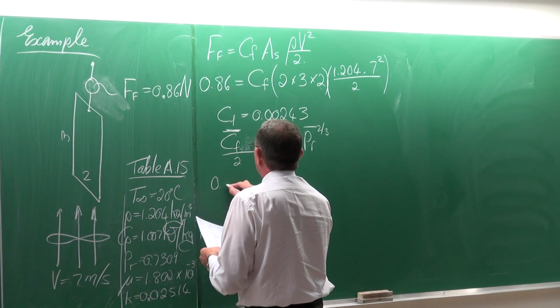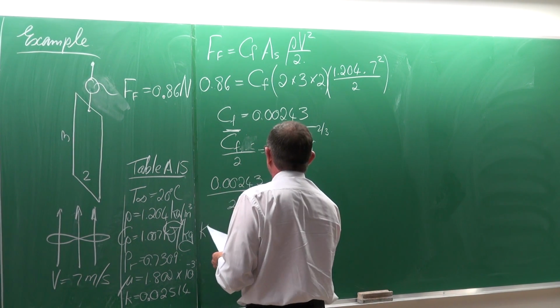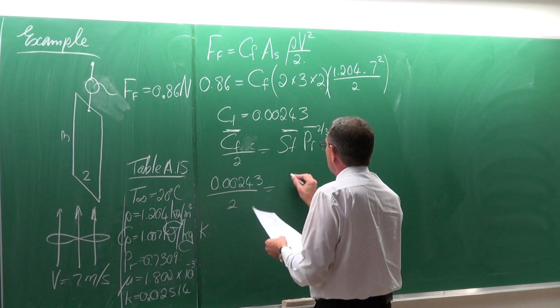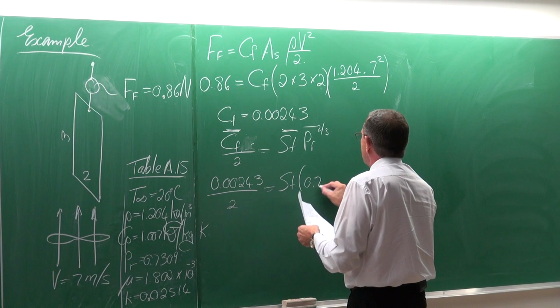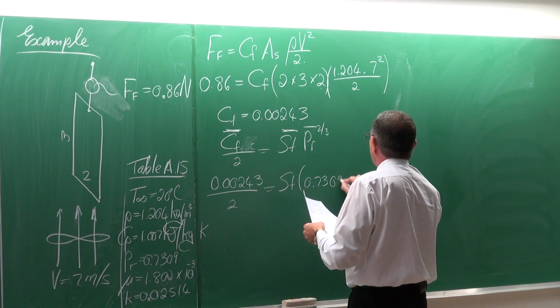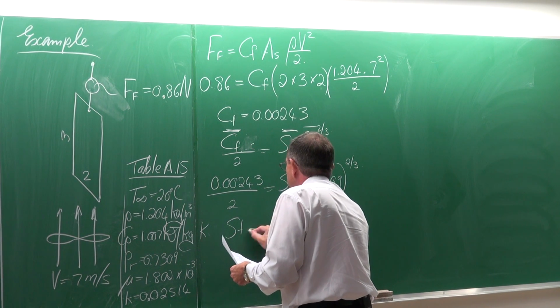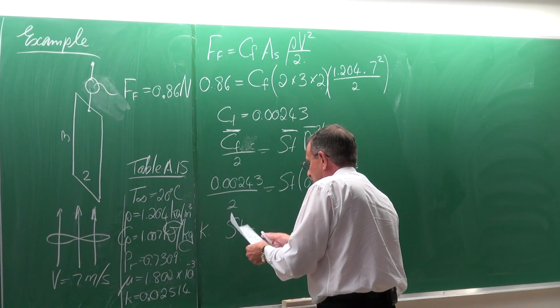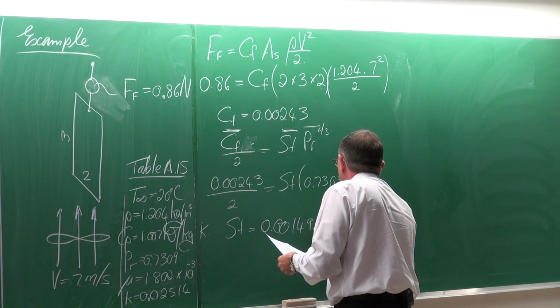So Cf is 0.00243, divided by 2, is equal to the Stanton number multiplied by the Prandtl number, 0.7309, to the 2/3, from which we can solve that the Stanton number is equal to 0.001497.